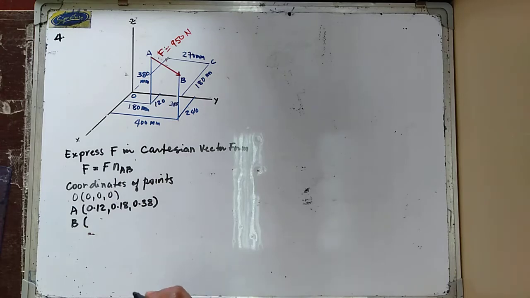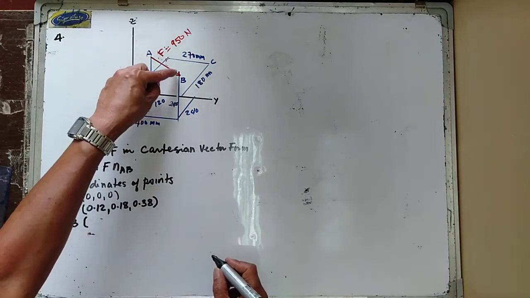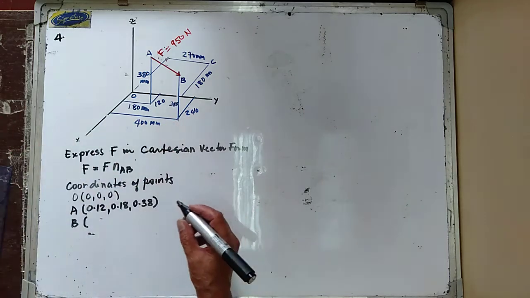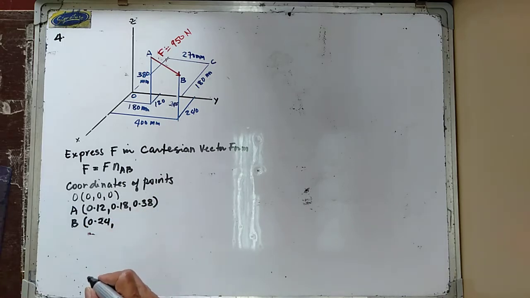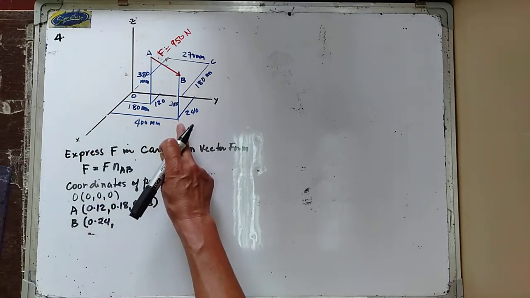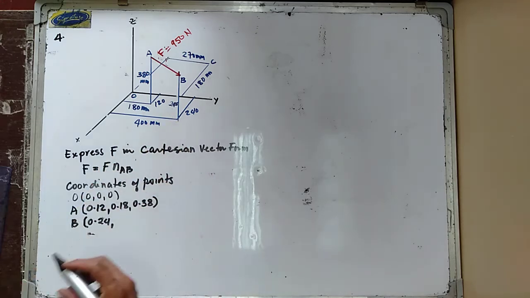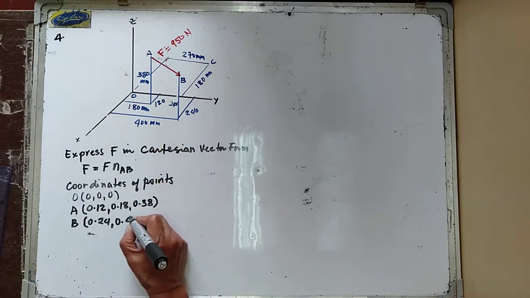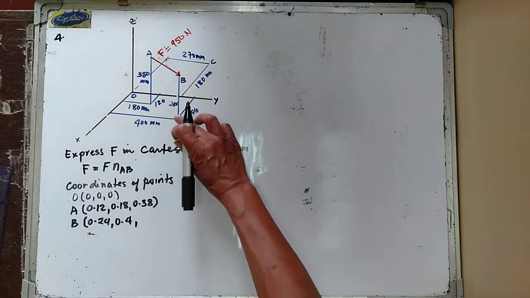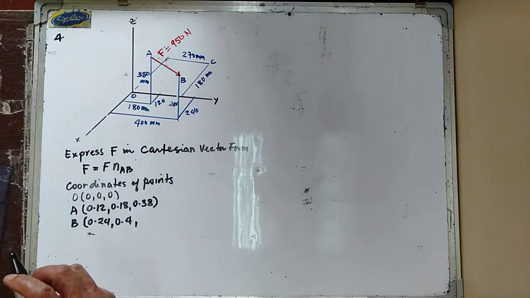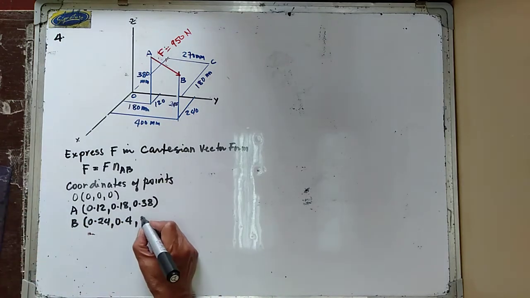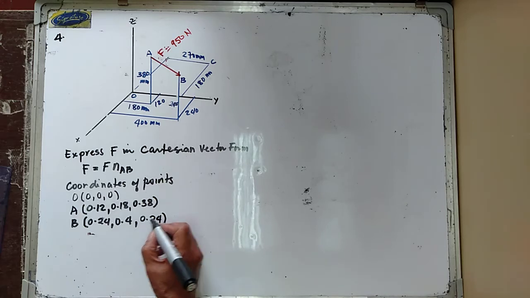We now have your point B. So point B in the x-axis is 240 mm, that is 0.24 meters. The y-axis of point B is 400 millimeter, or 0.4 meter. And in the z-axis, it is 240 mm, or 0.24 meter.